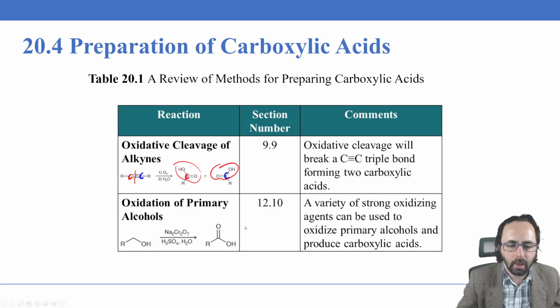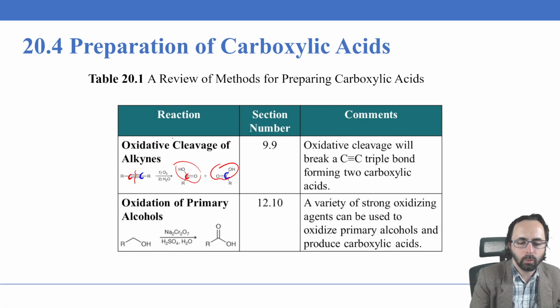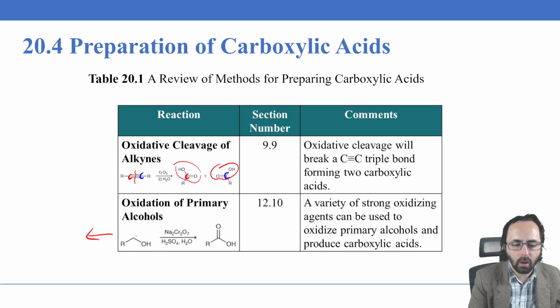We also talked about the oxidation of primary alcohols. If we use a powerful oxidizing agent, we will oxidize straight past the aldehyde to the carboxylic acid. So remember, if you want to oxidize only to the aldehyde, you would use PCC, and this would give us an aldehyde right here.